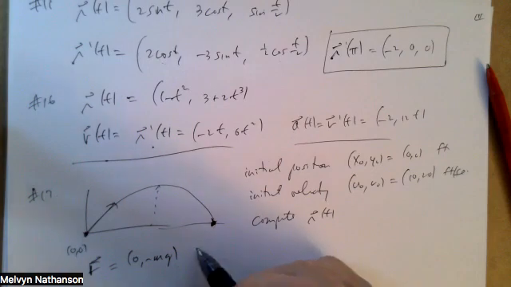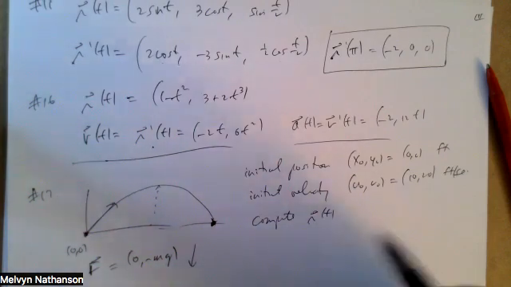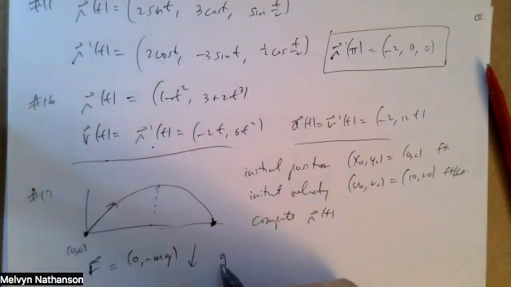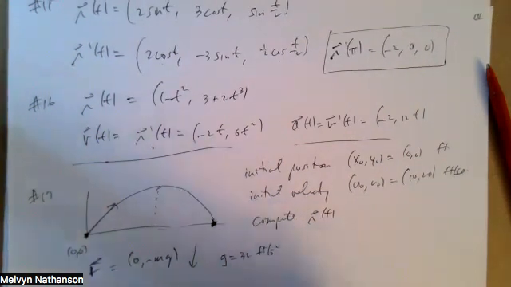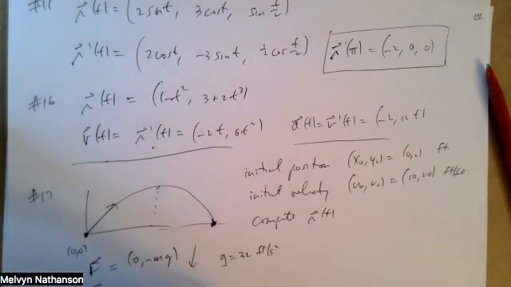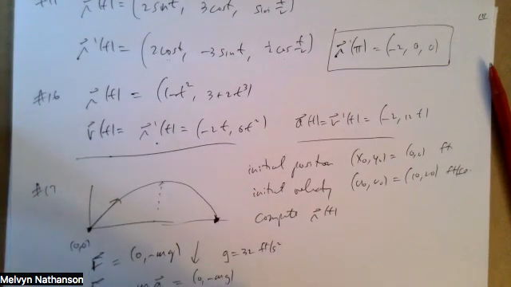So that's a force going down. m is the mass of the particle. g is 32 feet per second squared. And force is mass times acceleration. And that's going to be 0, minus mg. You can cancel the m's. You get the acceleration is 0, minus g.